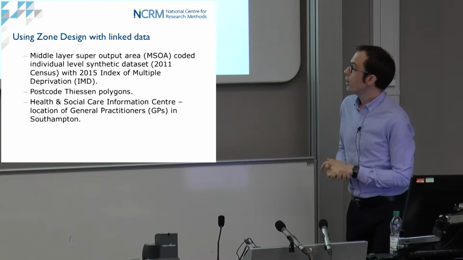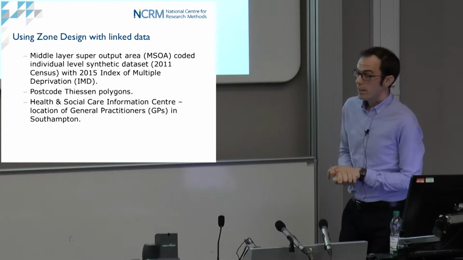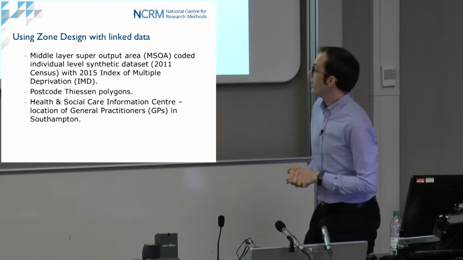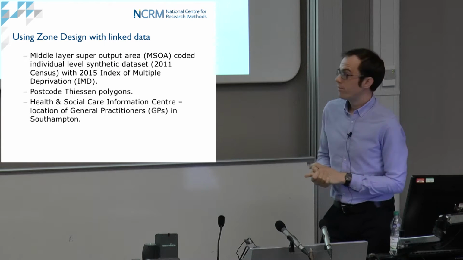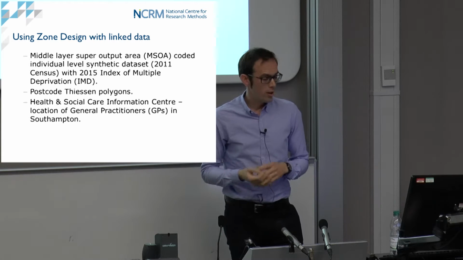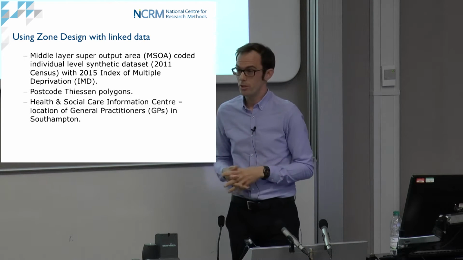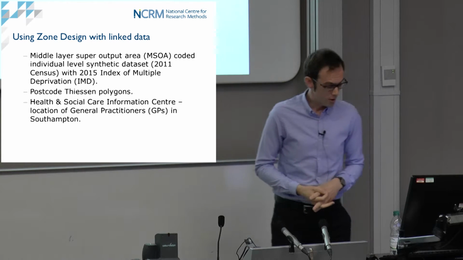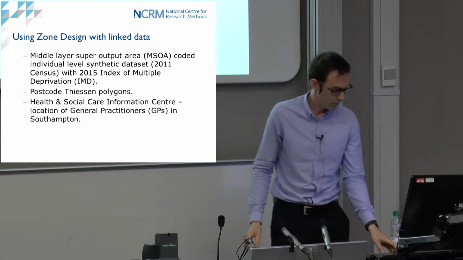And then alongside that, we're also using the index of multiple deprivation from 2015, and we're also using some information from the Health and Social Care Information Centre on a location of GPs within Southampton. So for this specific example, I'm going to be talking you through some results for Southampton.